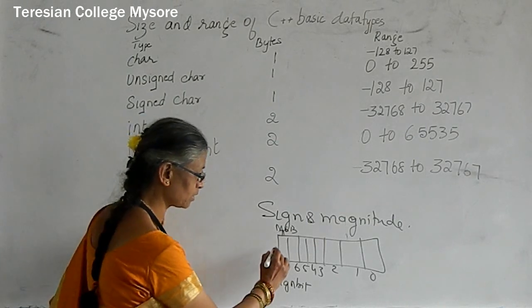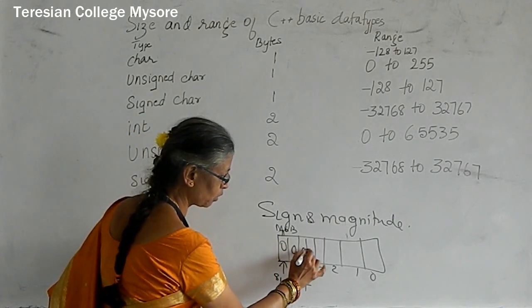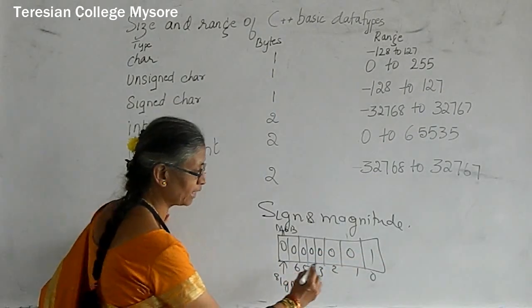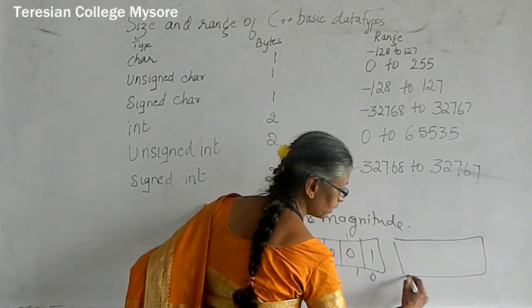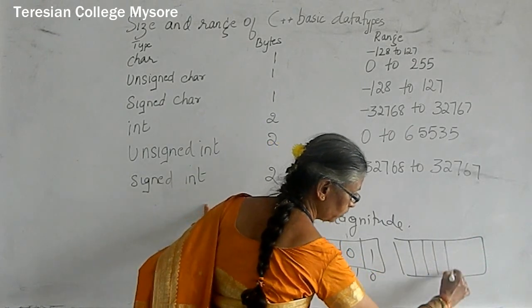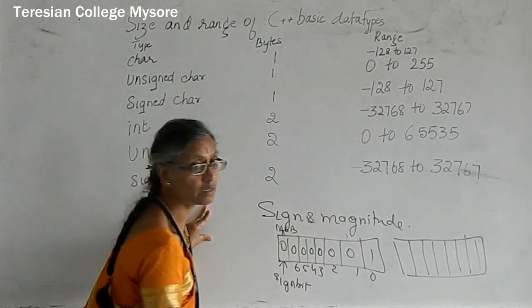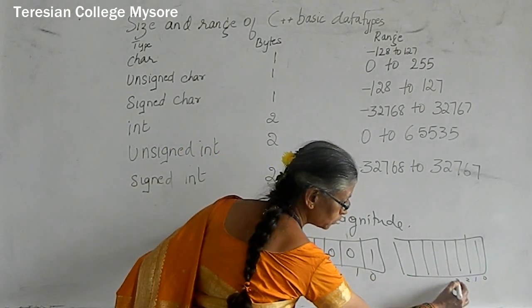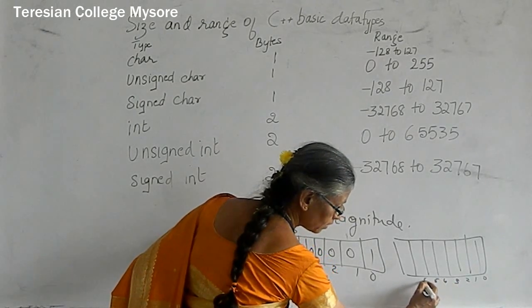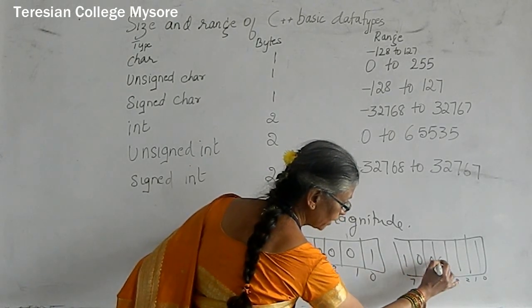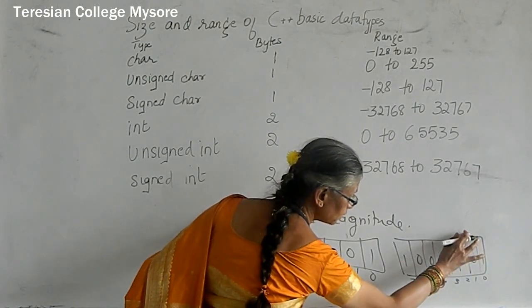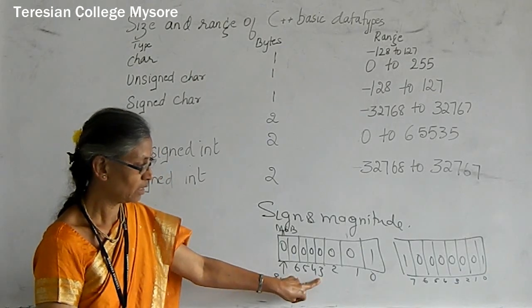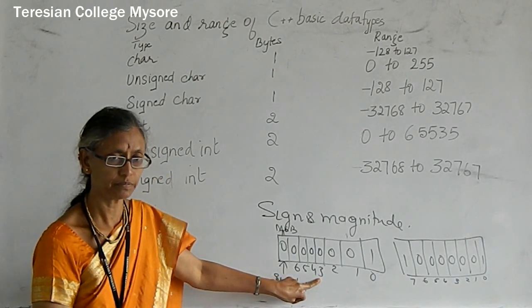Suppose I want to represent positive number 1 in binary, I would write it like this. If I am writing a negative number, I would represent the same value with the most significant bit having 1 as the bit. Bits 0, 1, 2, 3, 4, 5, 6, 7. So if I write like this, it means I am representing -1. Here I am representing positive 1.